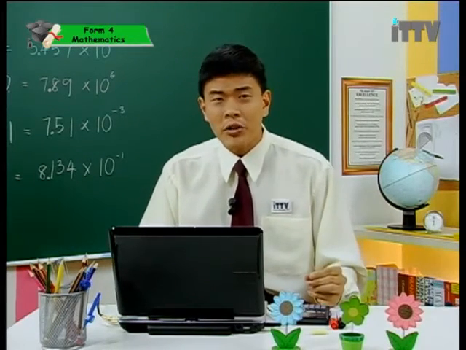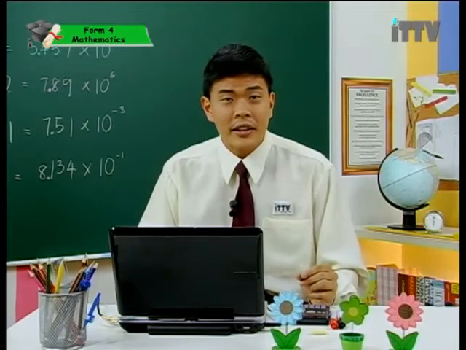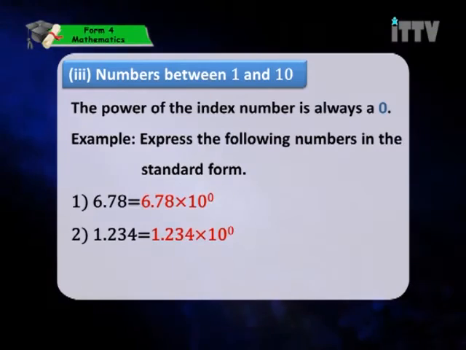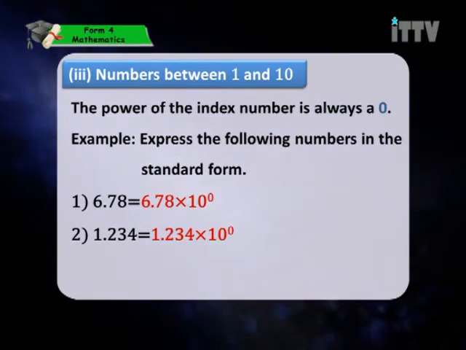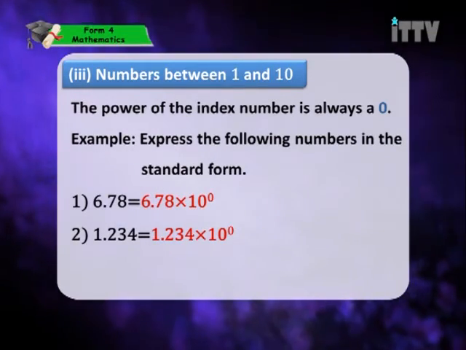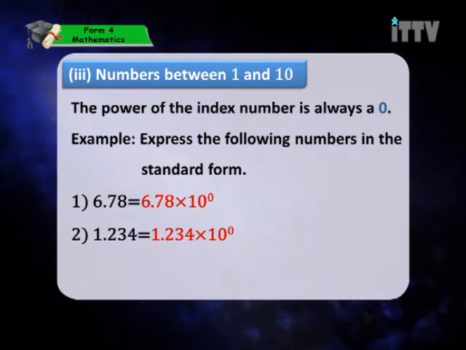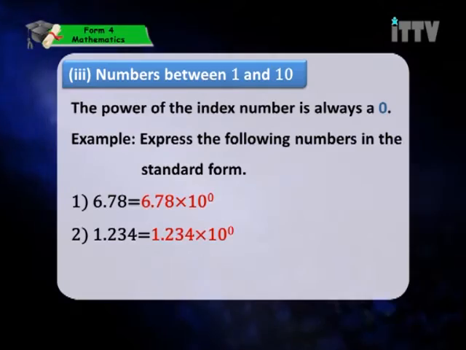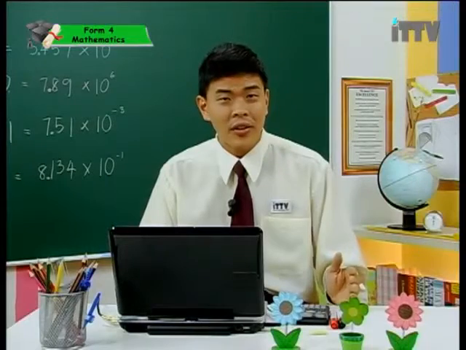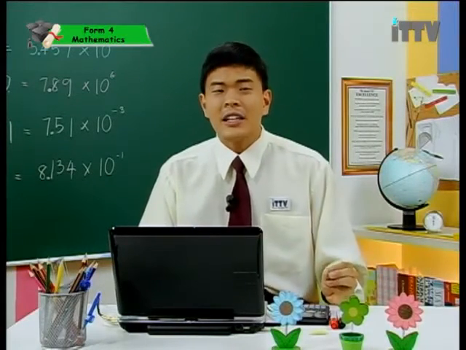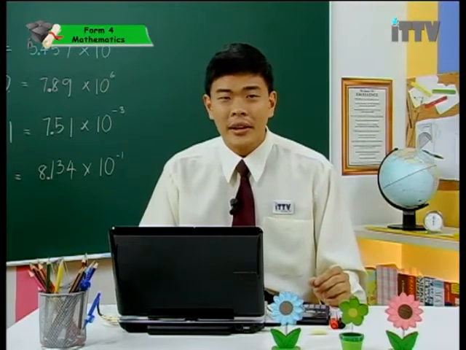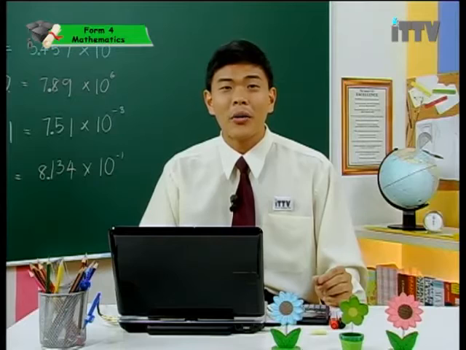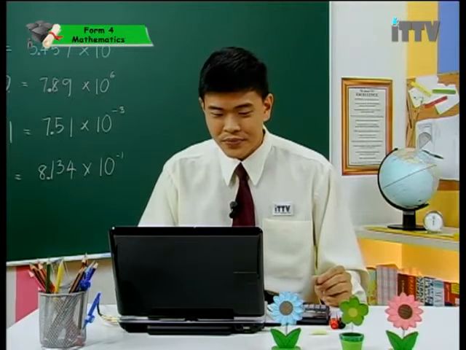This is a formality of writing this number in the standard form. And secondly, 1.234, and this is already a number between 1 to 10, so we don't have to move the decimals to the right or to the left. Since it's already then, just write it as a product of that number and 10 to the power of 0.